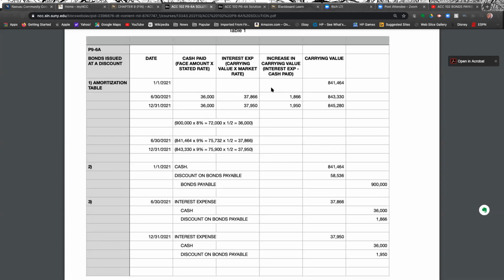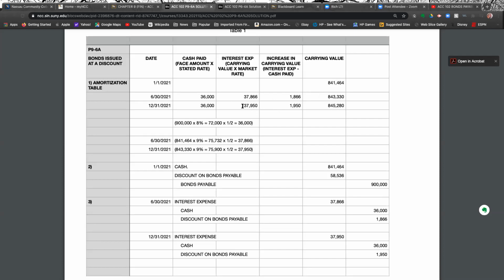Now you have this column here, which is the increase in carrying value. That's the difference between the 2 columns: $37,866 minus $36,000 is $1,866. When bonds are sold at a discount, the carrying value increases over time. So I take this 1,866 and add it to this 841, and I get a new carrying value, 843,330. I need that number to calculate the next interest payment.